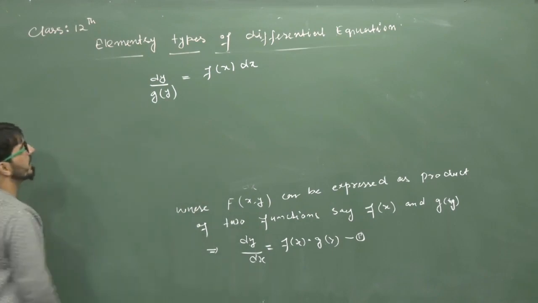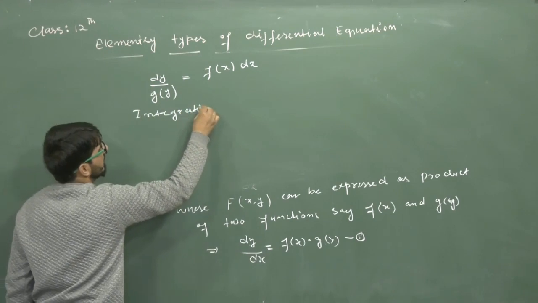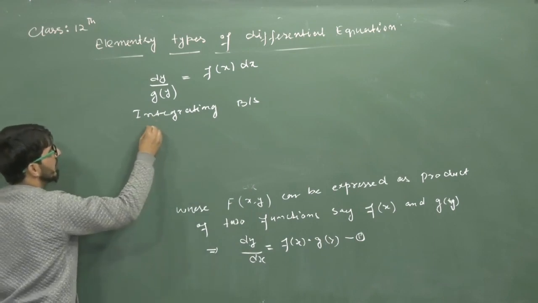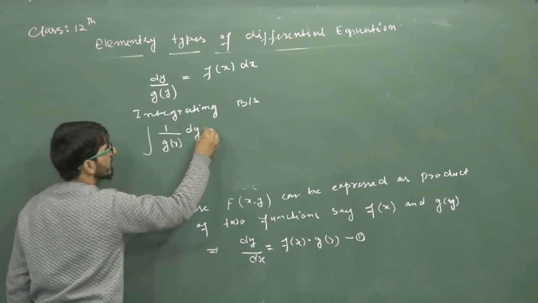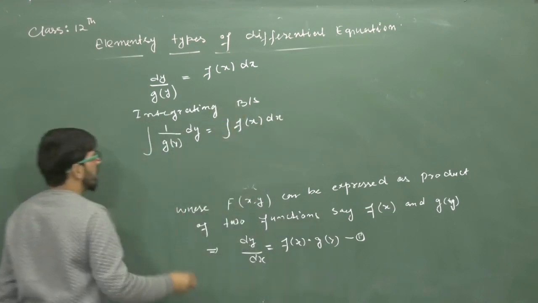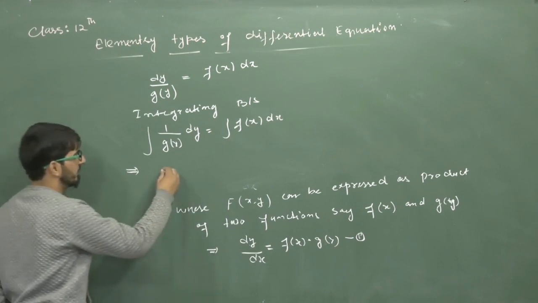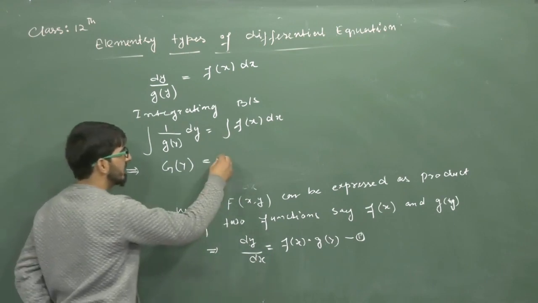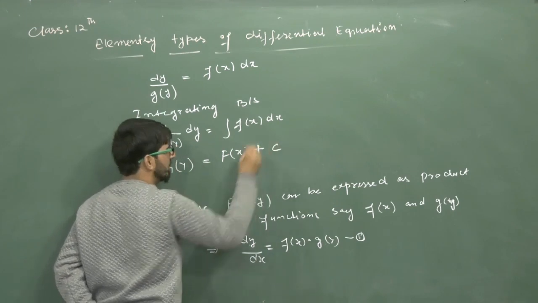So integrating both sides, integral of 1 upon g of y dy is equal to integral of f of x dx, which gives us, say, integral of 1 upon g of y is capital G of y, and integral of f of x dx, say this is capital F of x plus c.